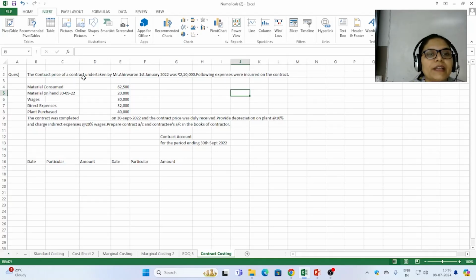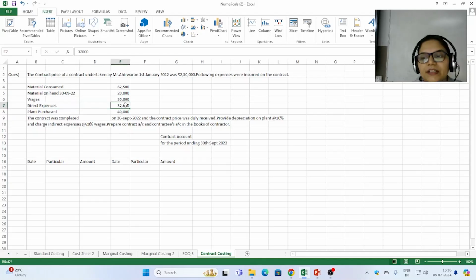The contract price of a contract undertaken by Mr. Ahirwan on 1st January 2022 was rupees 2,50,000. Following expenses were incurred on the contract. Material consumed 62,500. Material on hand 30 September 2022, 20,000. Wages are 30,000.